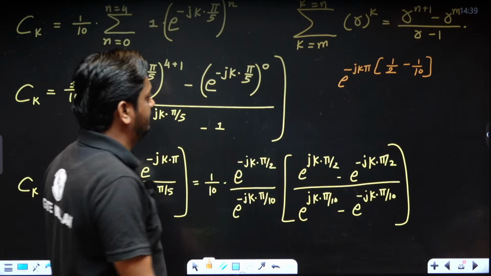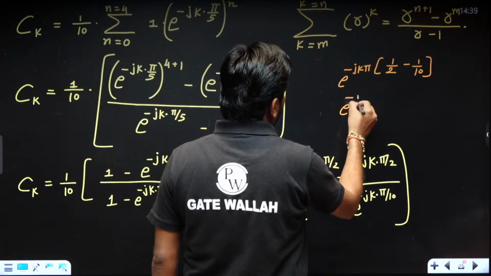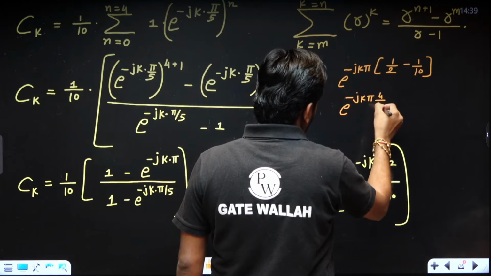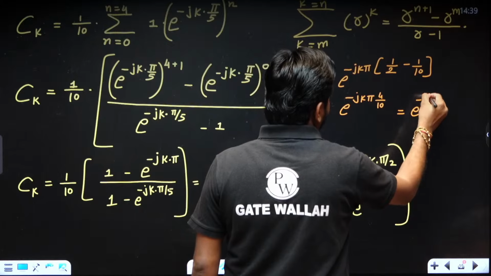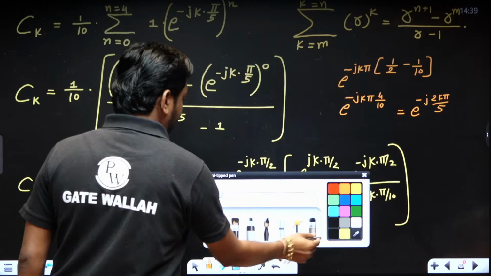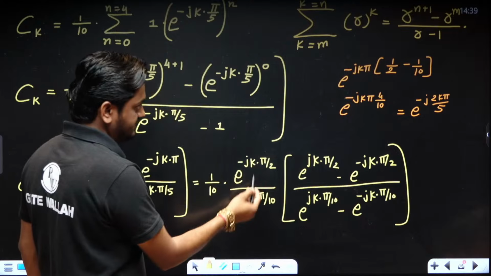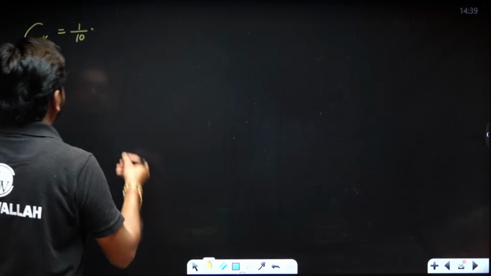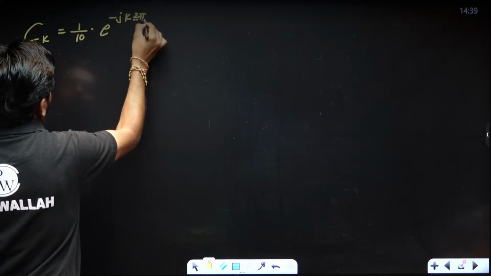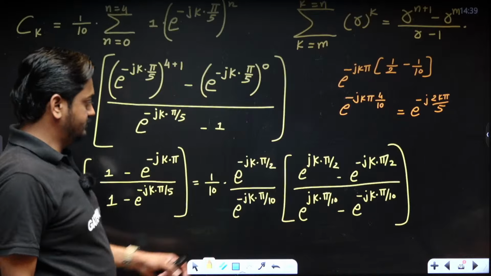So it is e to the power minus jk pi, 4 by 10, so it is e to the power minus j 2k pi by 5, right? Simplifying these two terms, guys, it is e to the power minus j k 2 pi by 5.